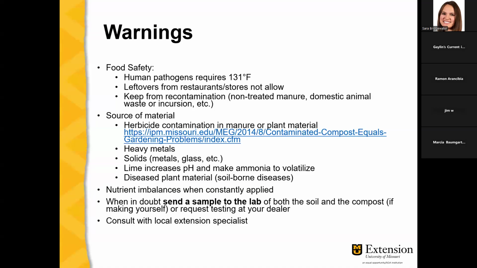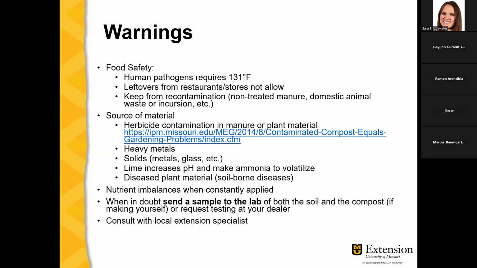You want to get rid of those plants and burn them instead of putting them back in the soil or back into the compost. Avoid the recycling of those pathogens.